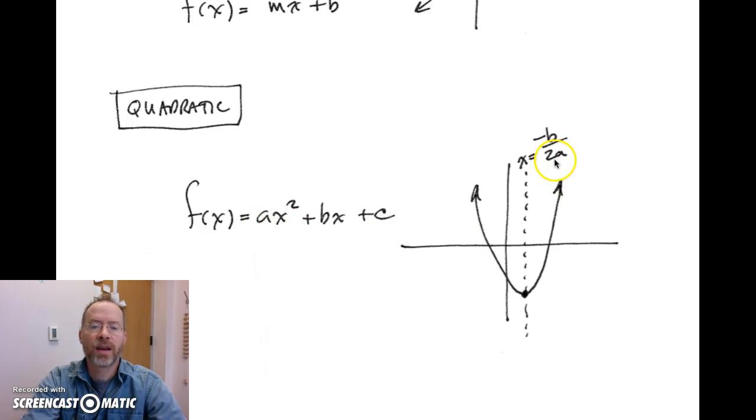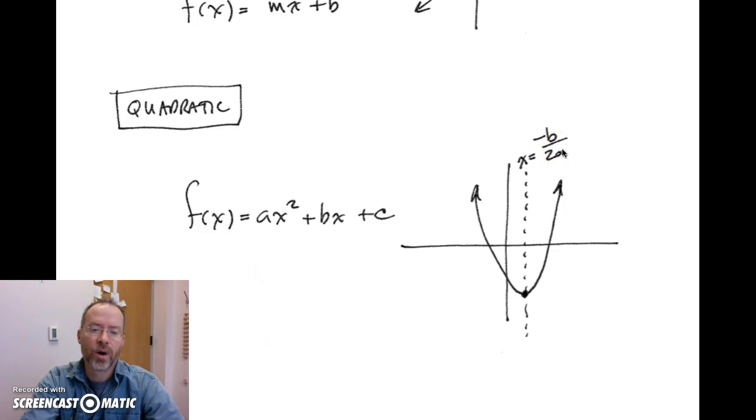That's a very handy formula because it gives you not only the equation of this line, but also the first coordinate of the vertex. Once you figure out what the opposite of b over 2a is, just take f of that value, in other words, put it in for x, and you'll get the y-coordinate of the vertex. So this is a very quick, easy formula for finding the vertex of a parabola.